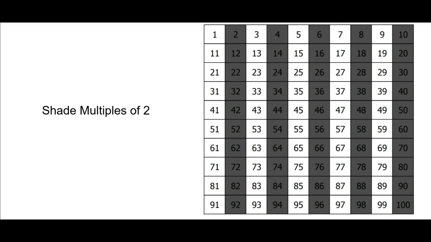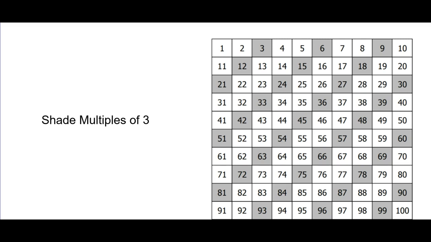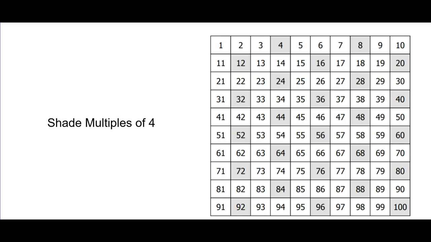Then go back to a blank one and shade in multiples of 3. So that's what you get when you get multiples of 3. So you can talk about patterns there as well. We're going to keep this going all the way through multiples of 10. So this is a little bit less contrast here, but this is shaded multiples of 4. And if you look in the resource files, these are actually colored files, so you can see them a little bit better. I should have copied over the colored version.